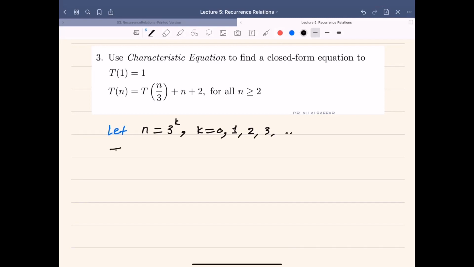Substitute, we will get t 3 raised to power k equal to t 3 raised to power k over 3 plus 3 raised to power k plus 2.